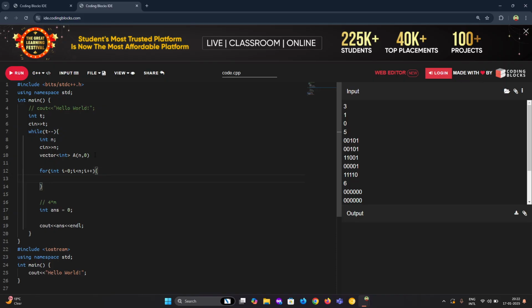So we are traversing the adjacency matrix, so we're going to need n cross n.